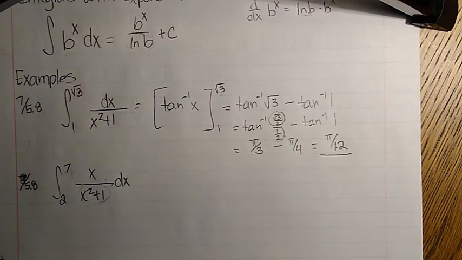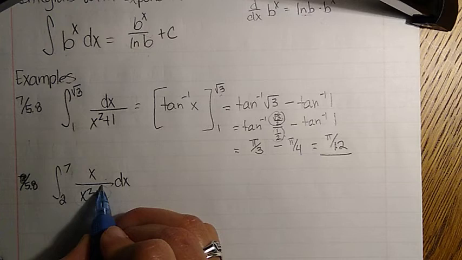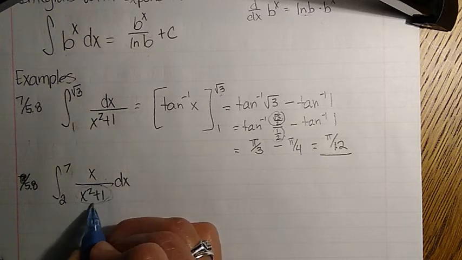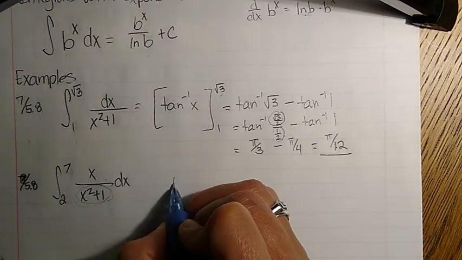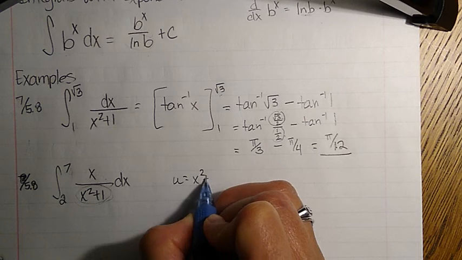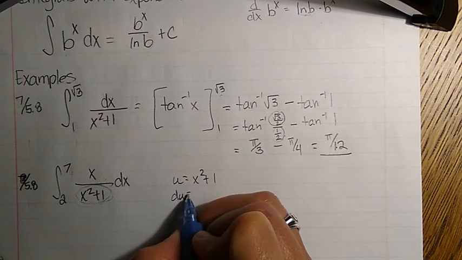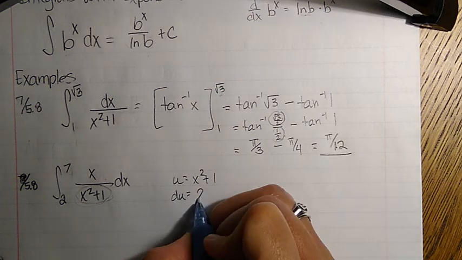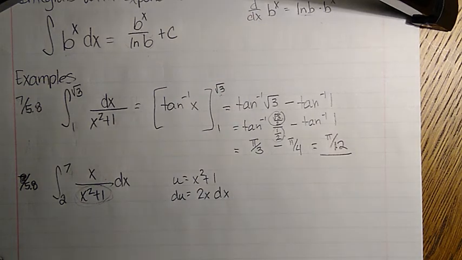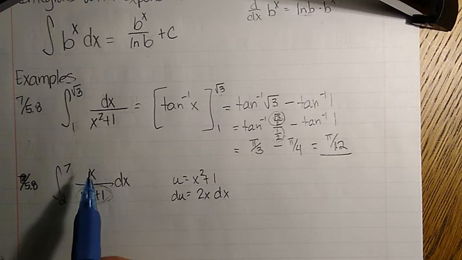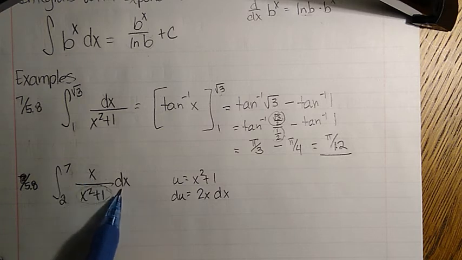So what we can notice that we need to do here is, if this were my u in a u substitution, like say u is equal to x squared plus 1, then what's du? Well, I take the derivative of this with respect to x, 2x, differential is dx. So if this were u, I almost have du. There's x dx. I just need a 2 there.